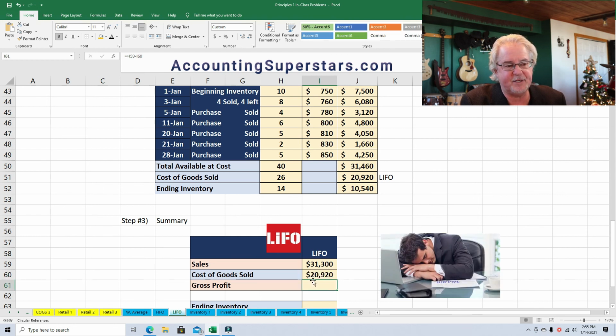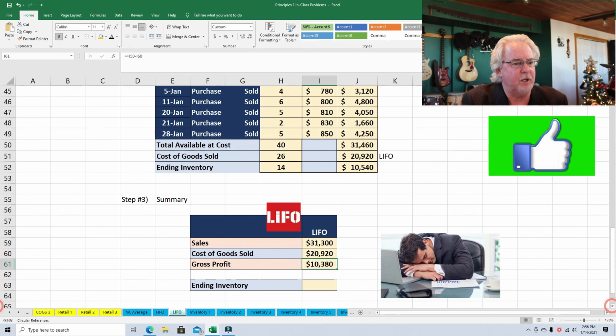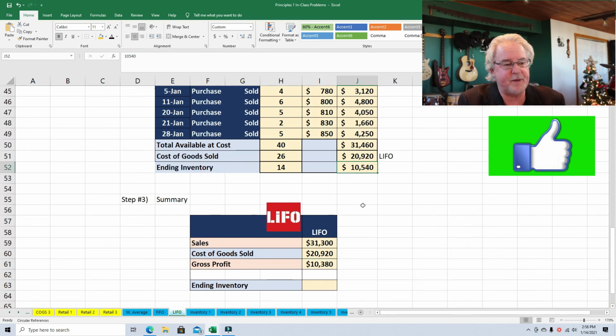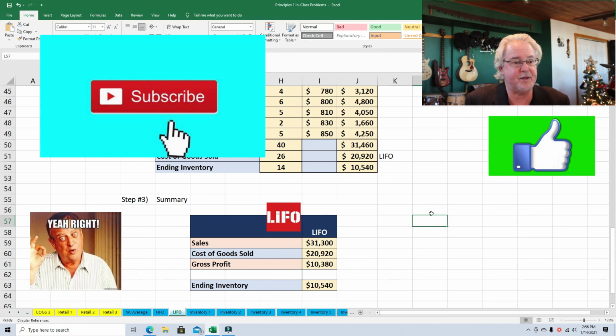Gross profit is simply the difference between these 2 numbers. 31,300 minus 20,920 is your gross profit, a really important number. And the ending inventory is going to go on the balance sheet at 10,540. So there you go. So folks, that's how you figure out your ending inventory and cost of goods sold on a last in, first out method.